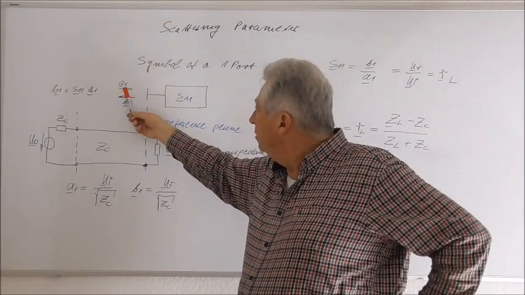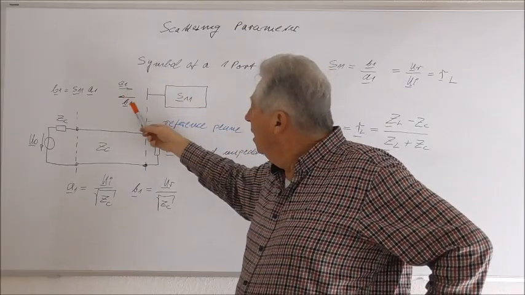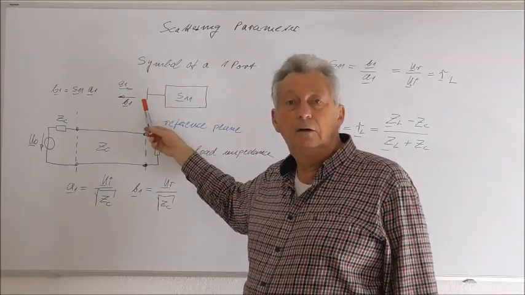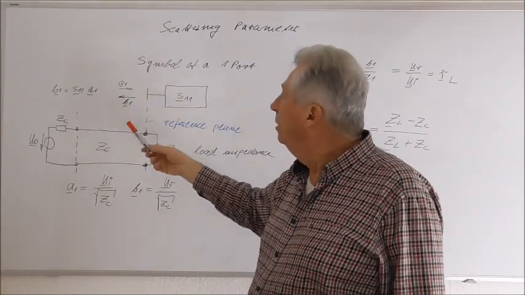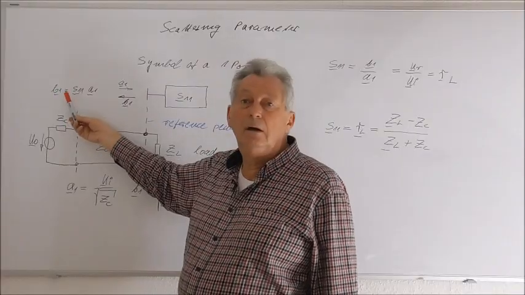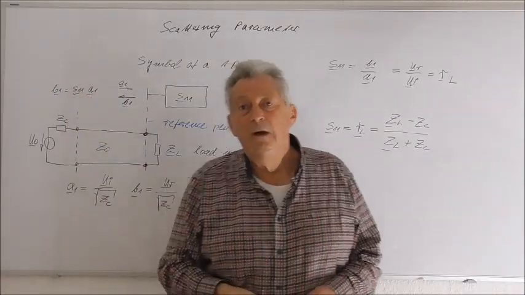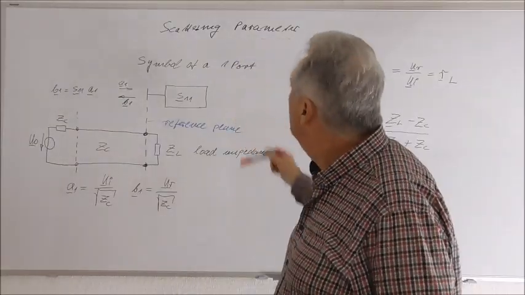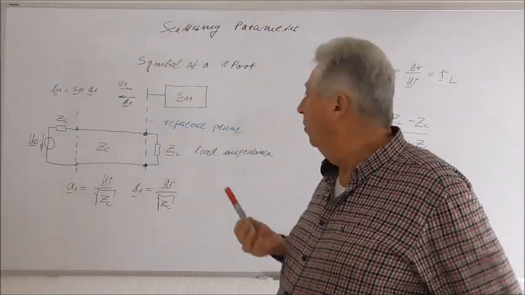We have the incident wave A1, which will be incident onto the one-port, and then we will have the reflected wave B1, which will come back from the one-port. And as an equation we have B1 is defined as S11 times A1. But what does this one-port mean in a transmission line model?